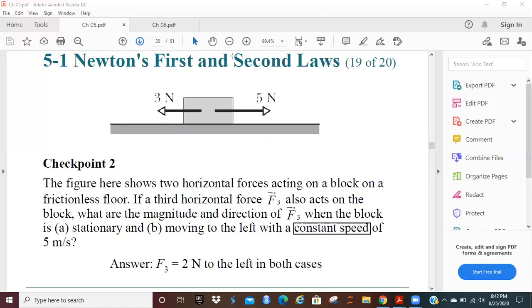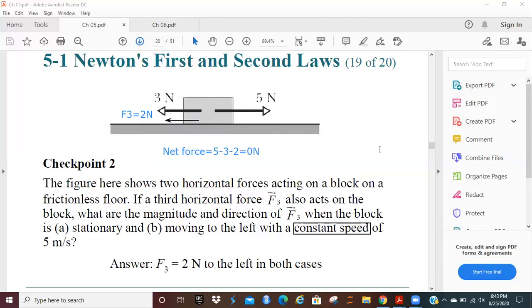Because when that's the case, the net force on this is equal to what? What's the net force out of this? Should be 0.